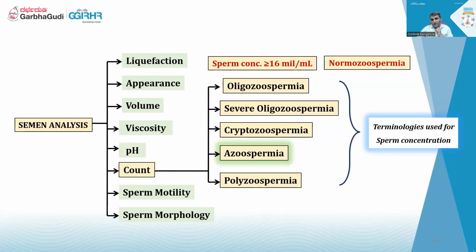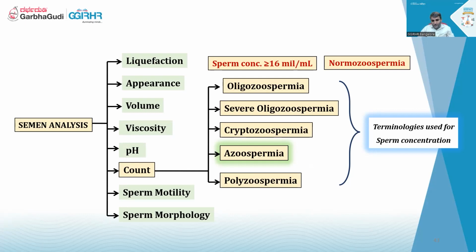One is oligospermia, severe oligospermia, cryptospermia, azoospermia, polyspermia. Oligospermia means less than 16 million per ml, but above 5. Severe oligospermia means less than 5 million per ml.